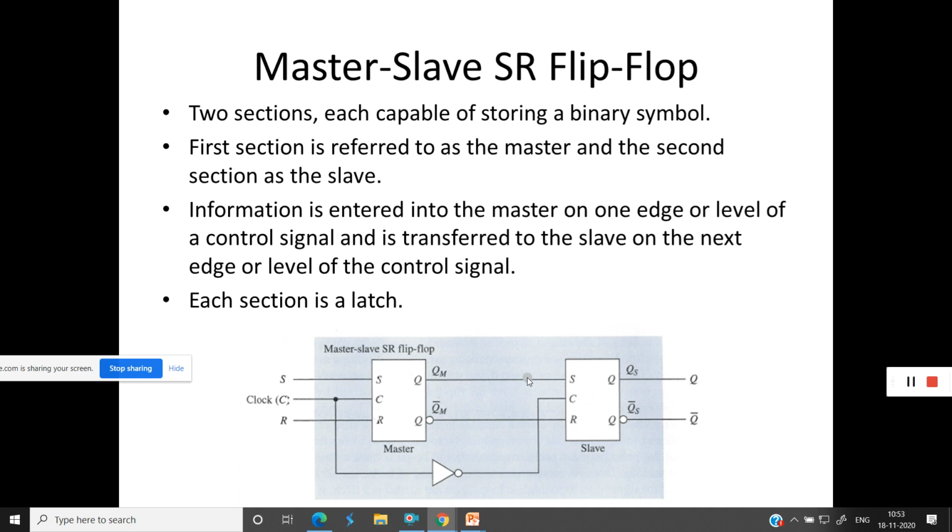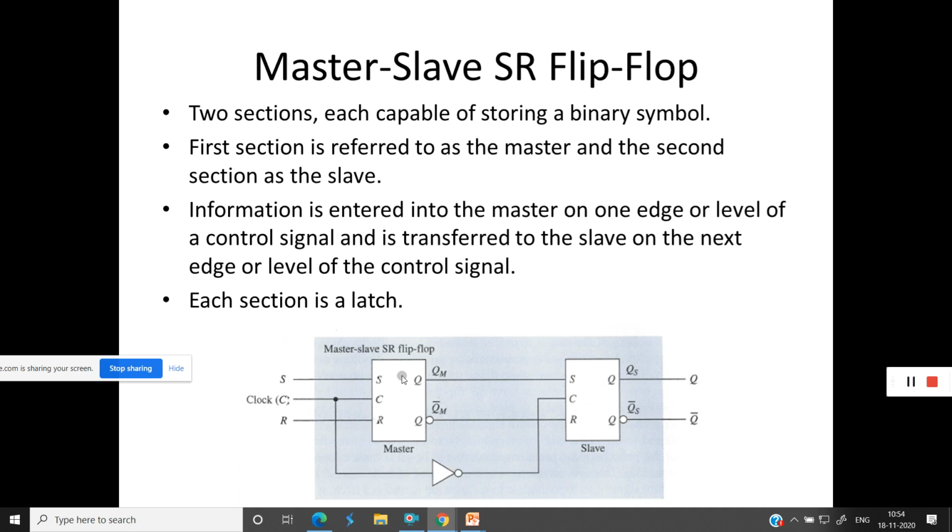So how to draw this? First you draw an SR latch here, the master. Next you draw an SR latch here, the slave. Then you apply the inputs S and R and the clock. The clock is connected to the inverter, and the inverter output is connected as the clock to the slave section.